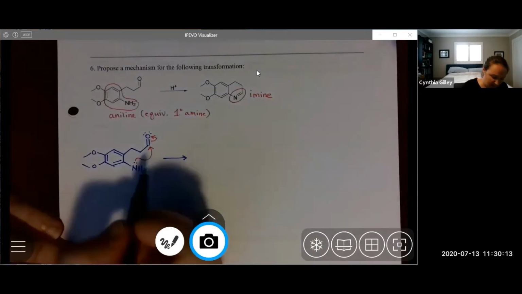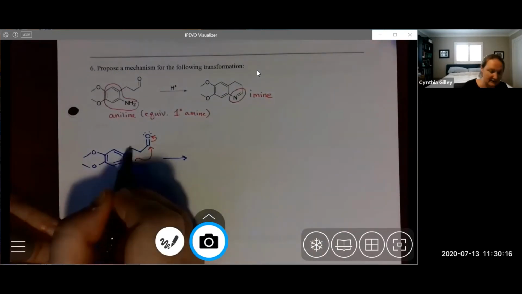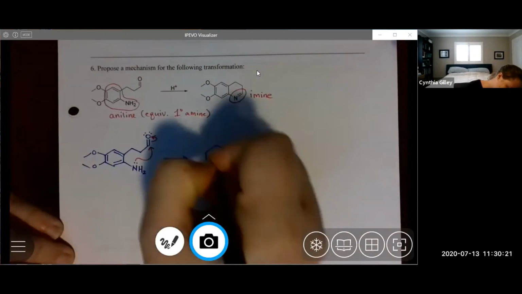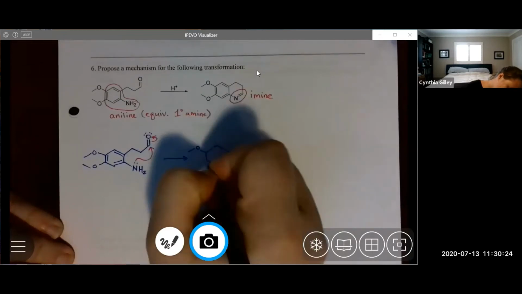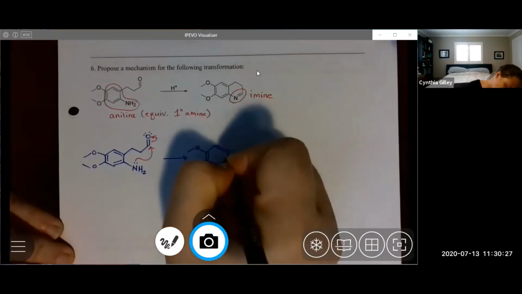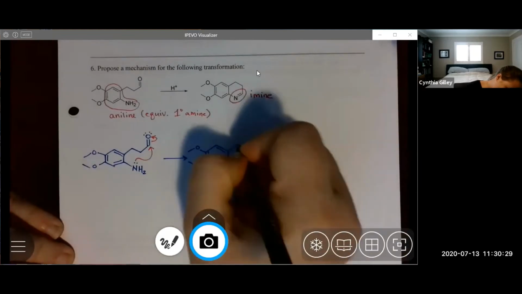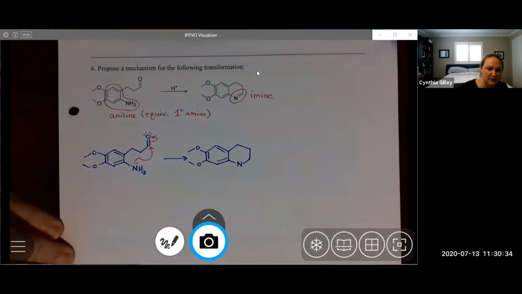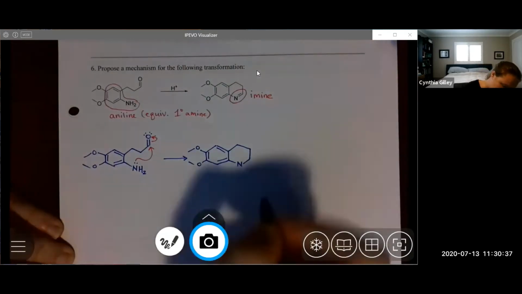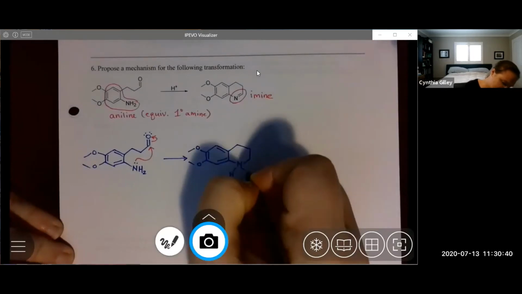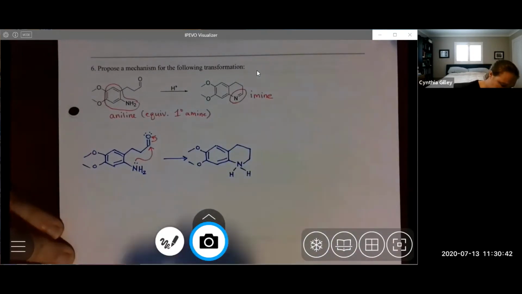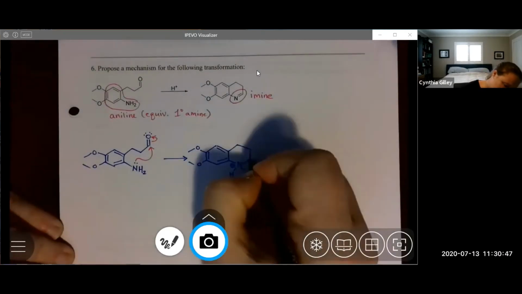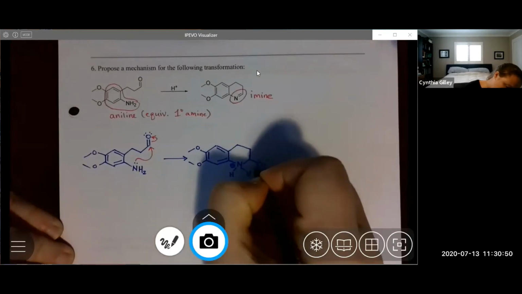The nitrogen to that carbon, so 1, 2, 3, 4, 5, 6. So I know I'm going to do the formation of a 6-membered ring. Make sure to draw exactly what's formed in this nucleophilic attack step. The nitrogen still has 2 hydrogens attached and is positively charged, and then it's attacking the oxygen here, leading to a negatively charged oxygen atom.